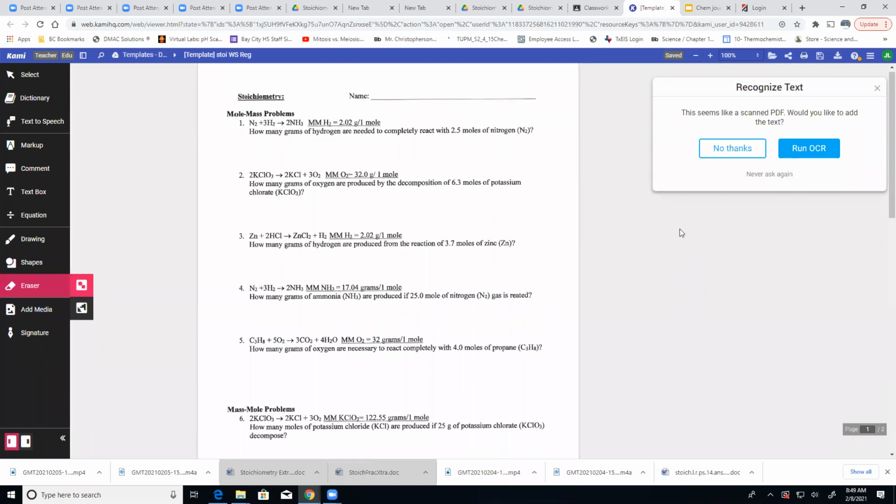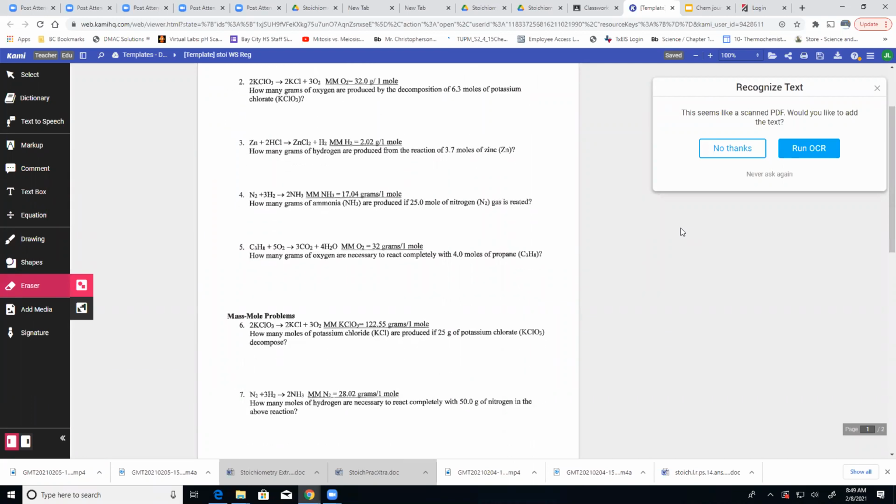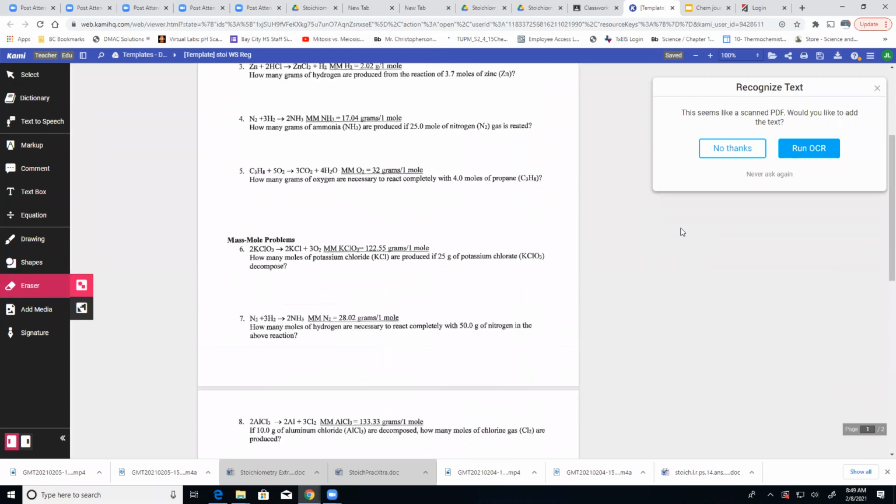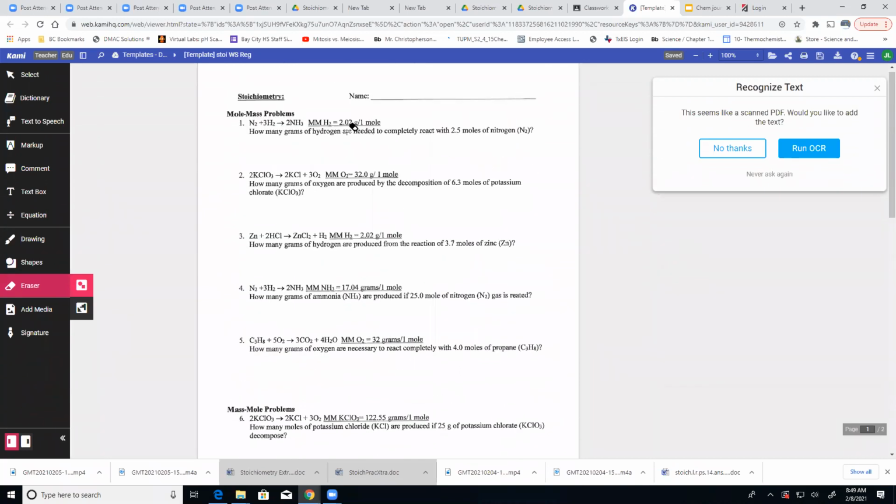Number one, I've put all of one kind together. So you'll see the first 5 are one kind, the second 5 are a different kind. So that's going to make it easier. Also notice that I've given you the molar mass that you need. So that's also going to make it easier for you. All right, I have to make this larger.